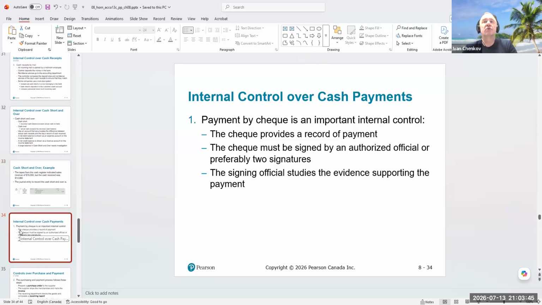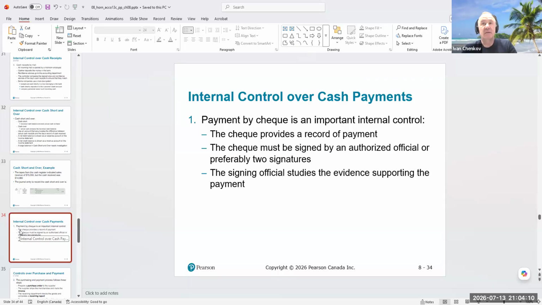Now, internal control over cash payments. Payment by check is an important internal control. Checks provide a record of payment. That's why every time a check is received, a journal entry has to be made: debit cash, credit accounts receivable.